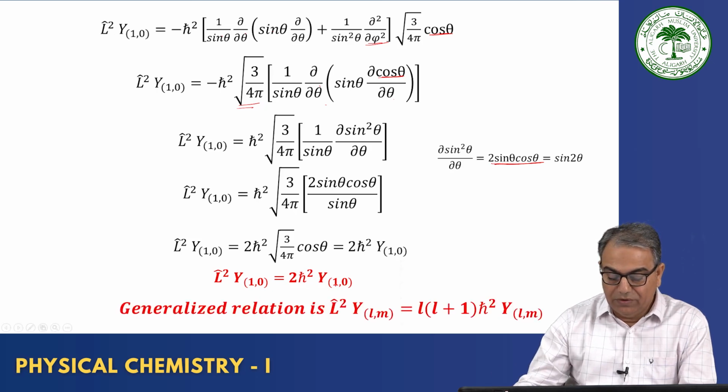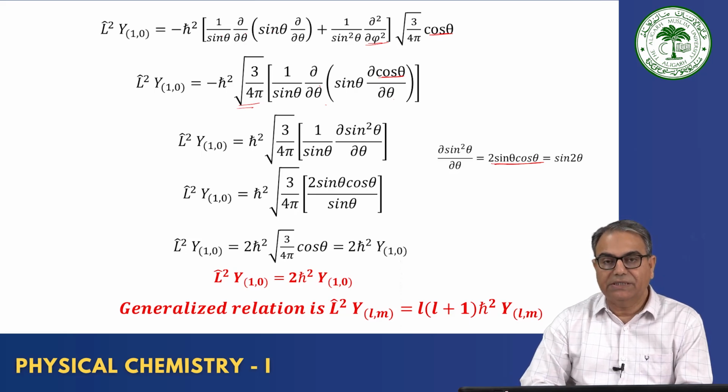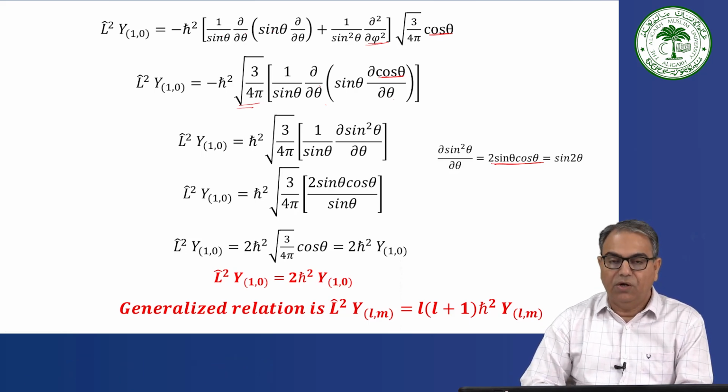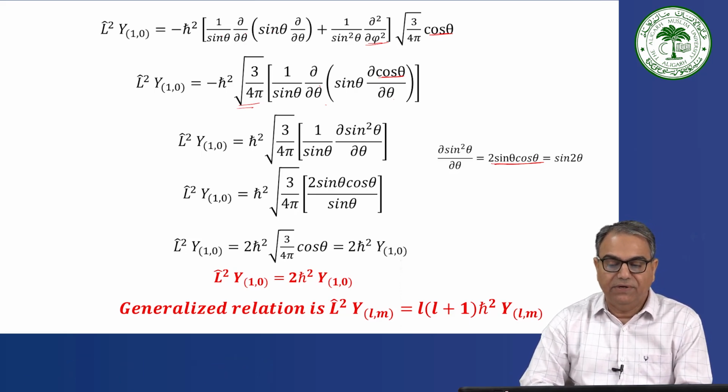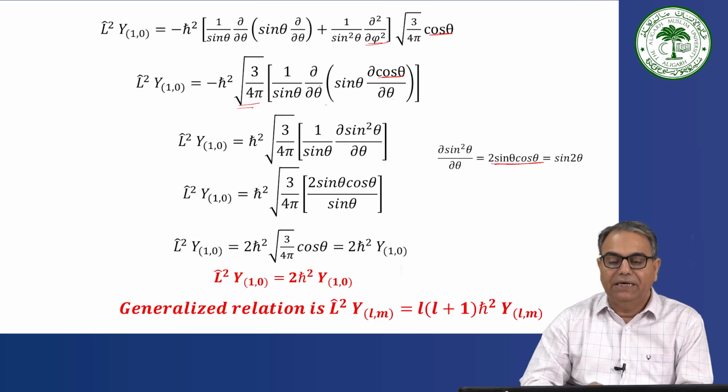If you write a general formula for this kind of operation on Ylm, it was Y10. It could have any combination, 1 plus or minus 1, 1 plus 1, 1 minus 1, 2, 2 plus 2, and something like that. Then generally what we got is l into l plus 1.